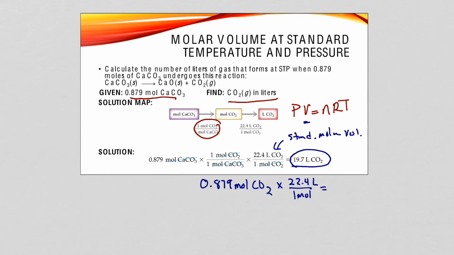So it just allows us a shortcut way to get to this value without going through the whole ideal gas law. But remember, this can only be used if you're at standard temperature and pressure conditions. Only at STP conditions can we use this 22.4.